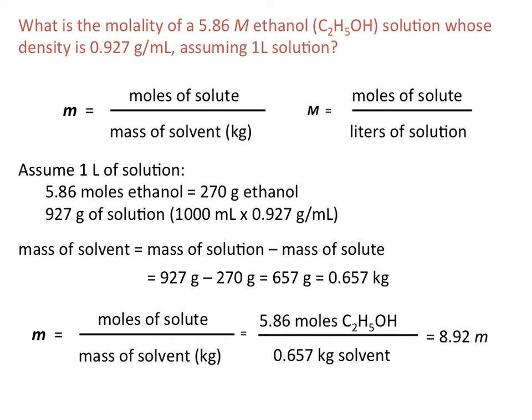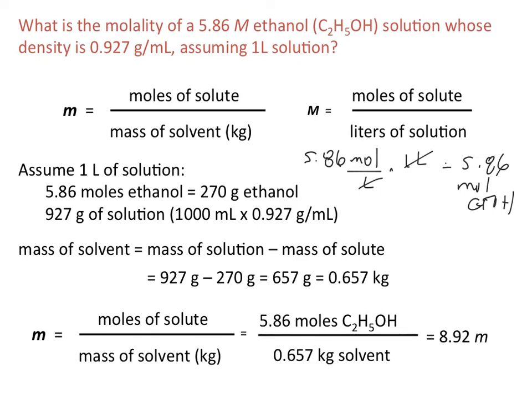So what we're going to do there is first figure out the moles of our solute. In this case it's ethanol. So 5.86 moles per liter, and we're going to multiply that by our 1 liter. Liters and liters cancel, so this gives us our 5.86 moles of ethanol.